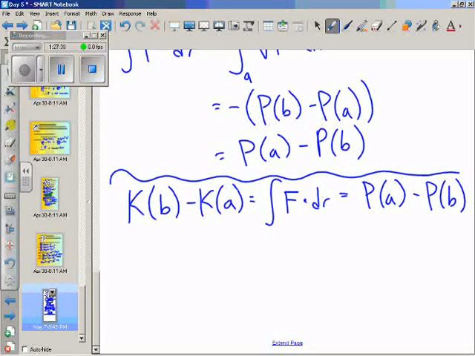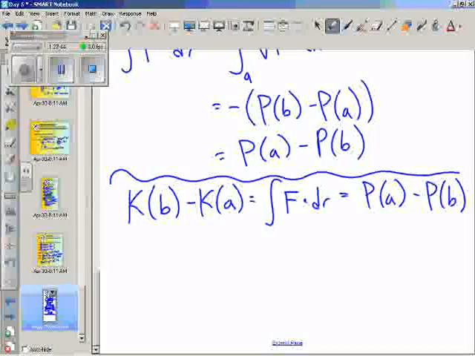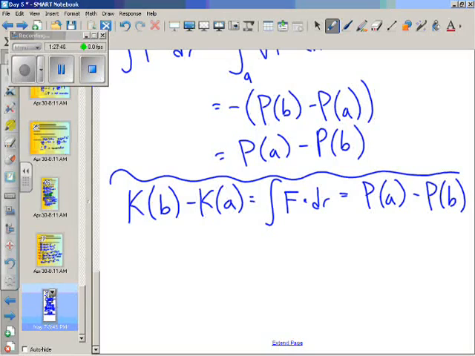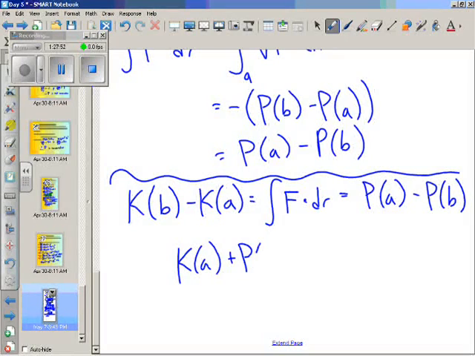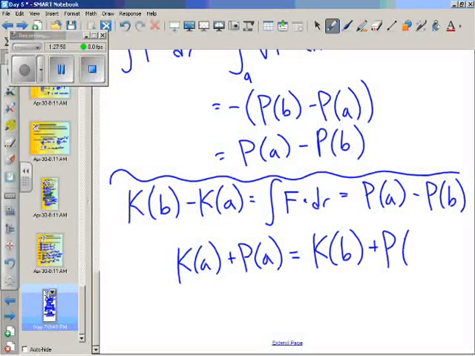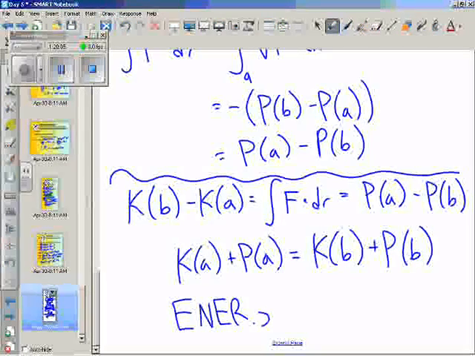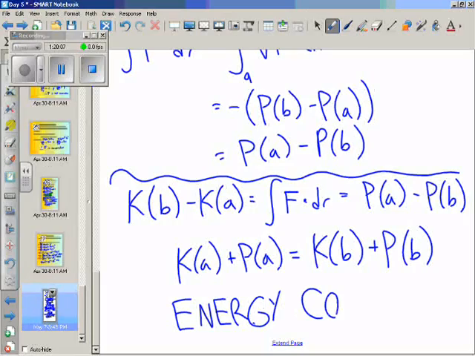And we can use that very briefly to prove, if we add K of a to the other side and add P of b to the other side, we would get K of a plus P of a equals K of b plus P of b, which is just energy conservation.